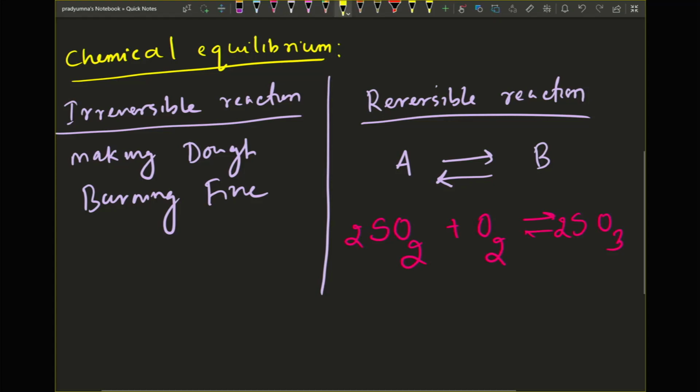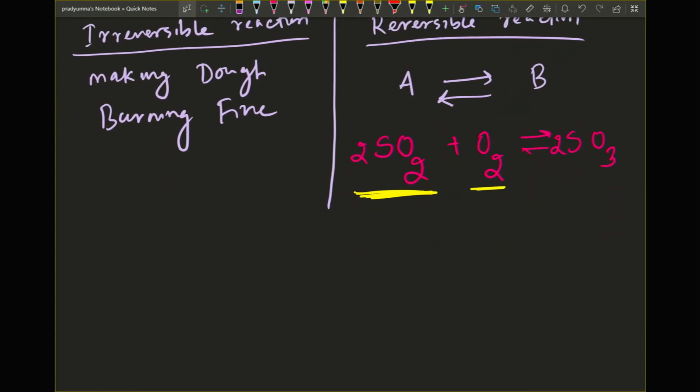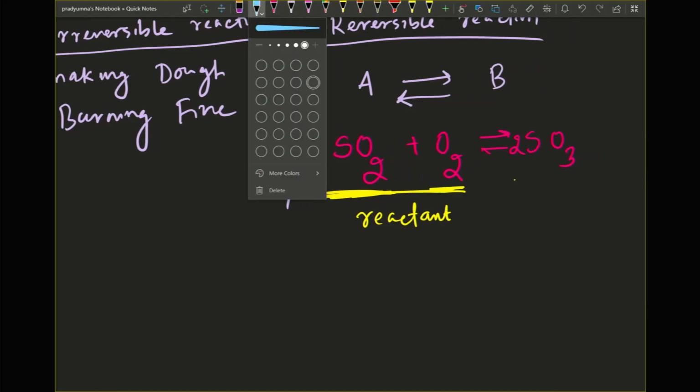So in this particular example, if we mix sulfur dioxide with oxygen, after a certain point of time, what's going to happen? These are our reactants, and this is our product. Let's use a different color.